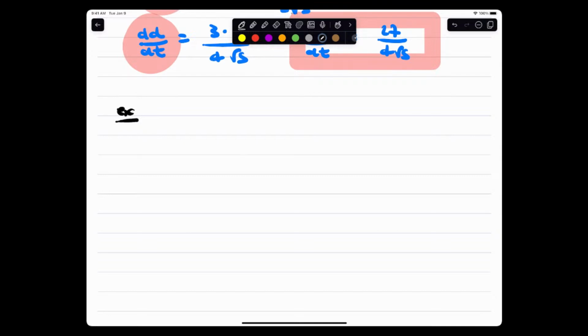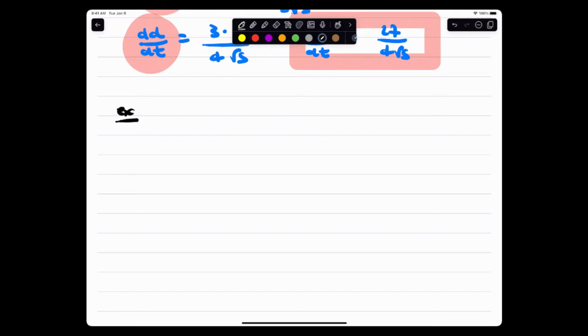Maybe it isn't question 8. What am I looking for here? Where's the kite question? Where is that kite question at? All right, maybe the kite.